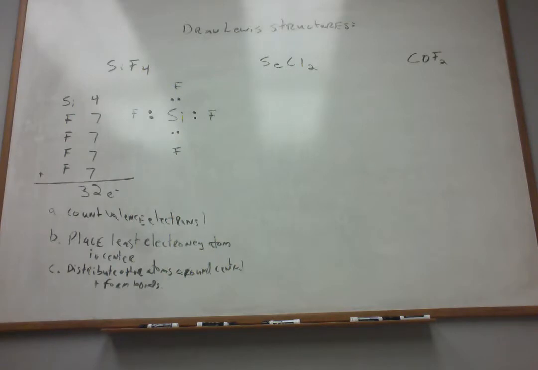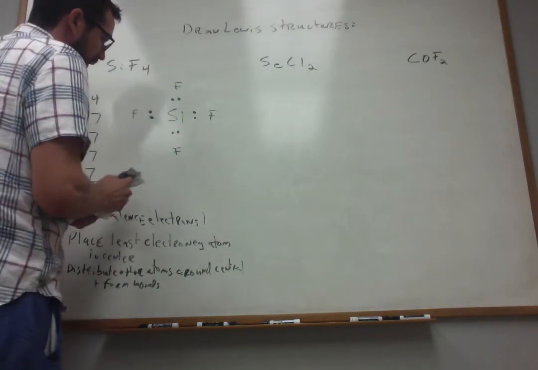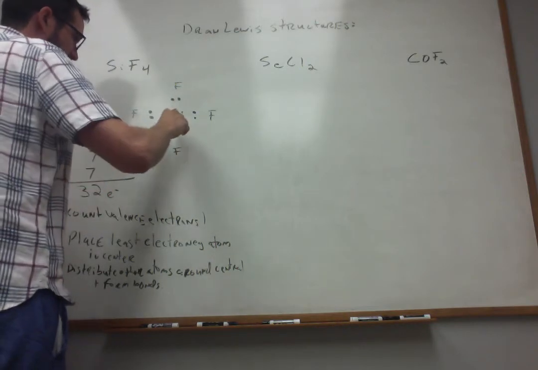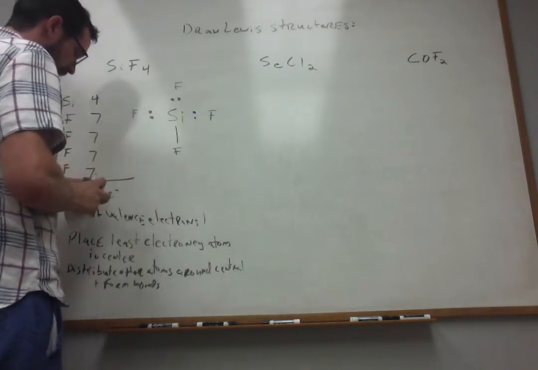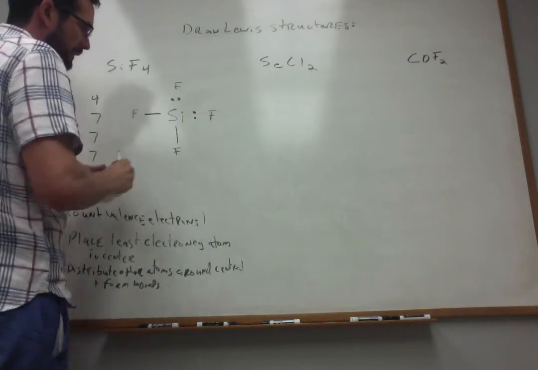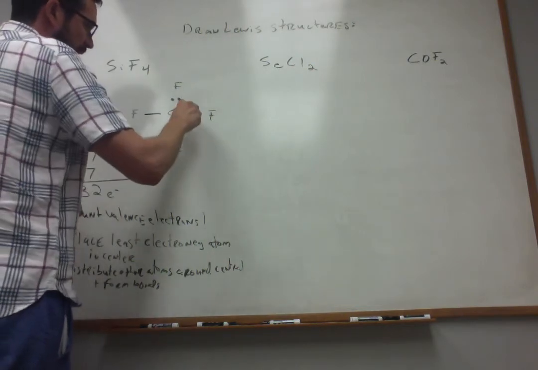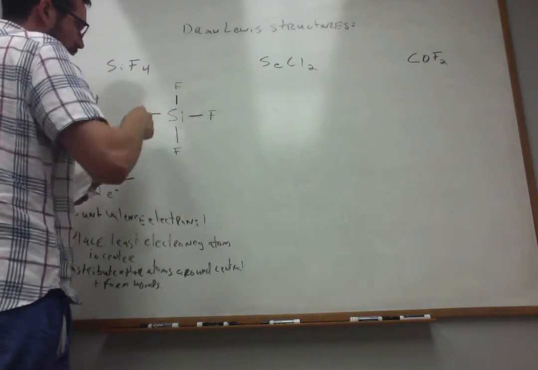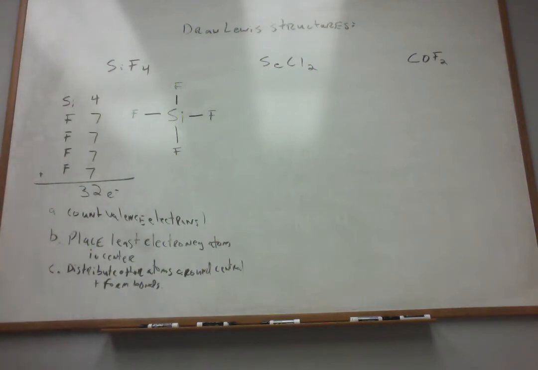Alternatively, it's probably more common, instead of writing these dots, to write a line. And that represents the single bond. So the line basically is equivalent to this pair of dots. Each line represents 2 electrons. It's a chemical bond.